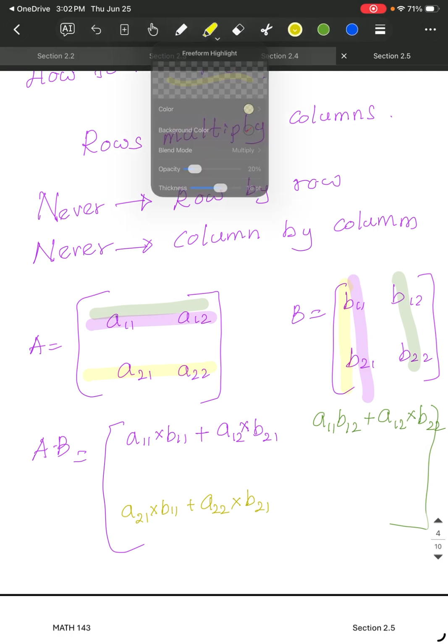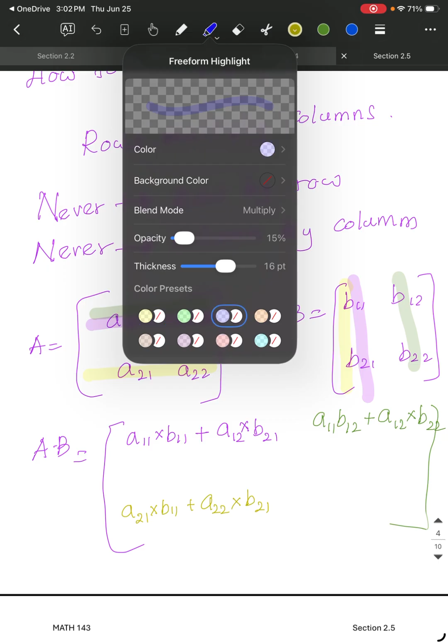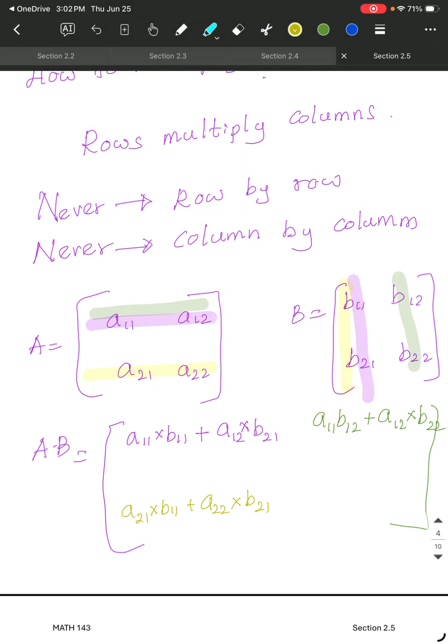Then second row, second column: A21 times B12 plus A22 times B22. This is how it works. Multiply rows by columns. Never multiply row by row or column by column.